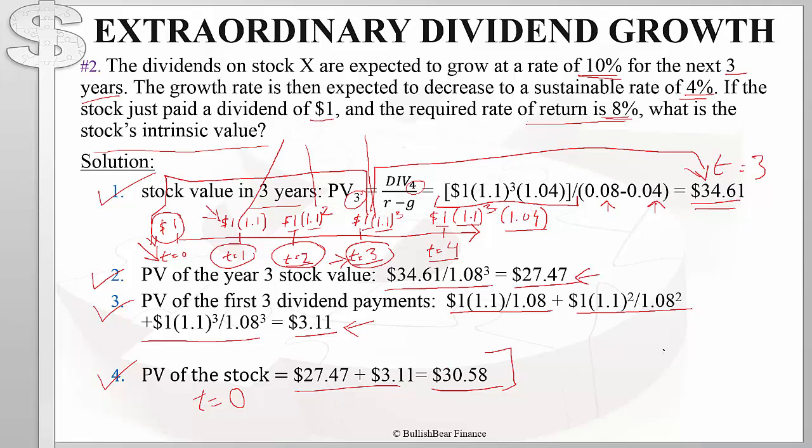Now, just to recap, we first calculate the present value of the stock at time t equal to 3, and we do that because going forward the dividend growth rate is sustainable. It's lower than the required return of 8%.